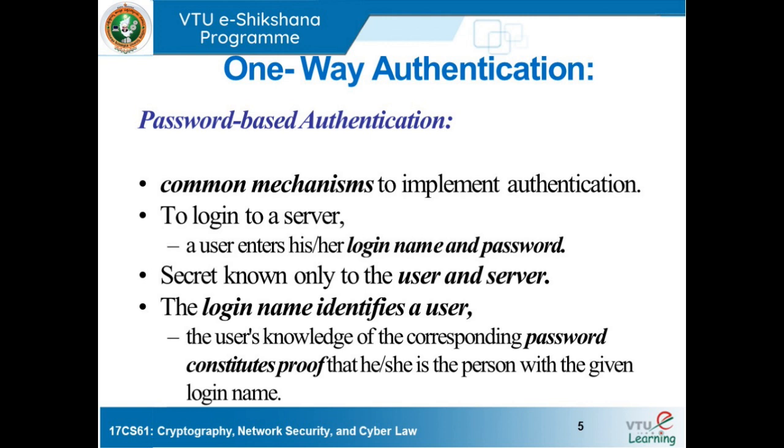Now over here let's try to understand that there are two types of authentication. The first type is one-way authentication. What is this one-way authentication? Let's assume that there is a client-server communication.